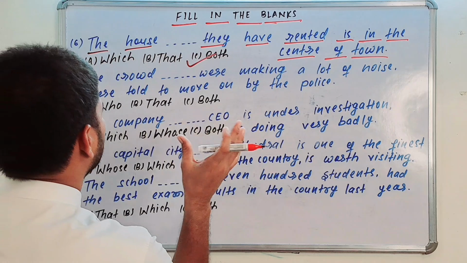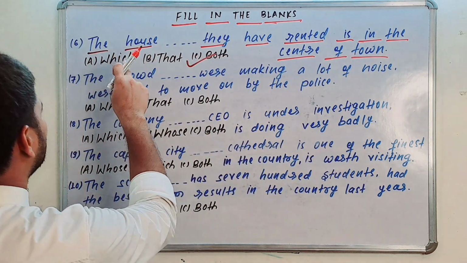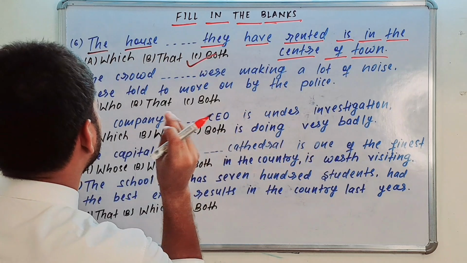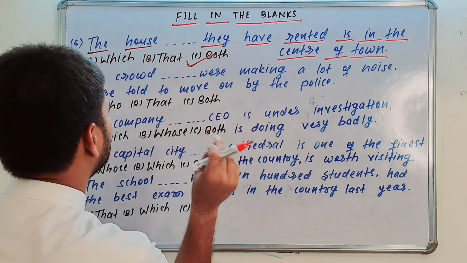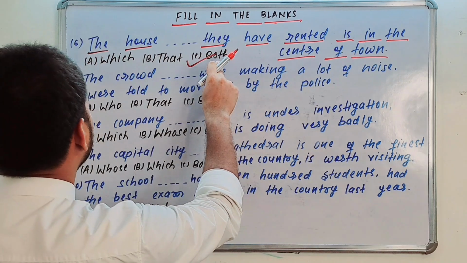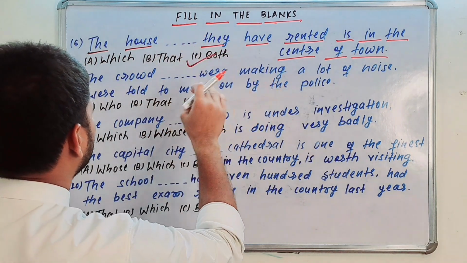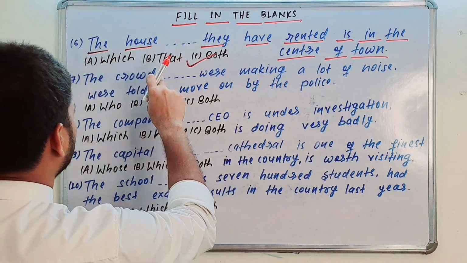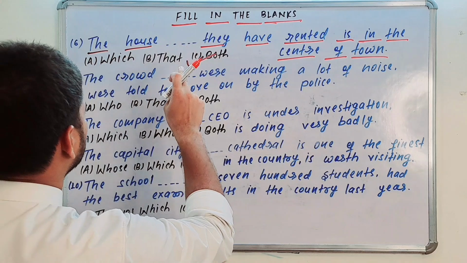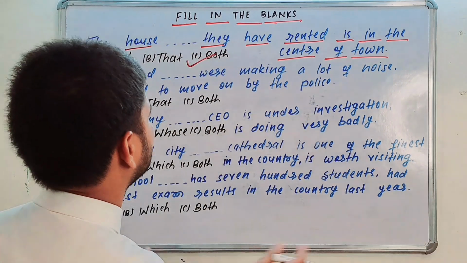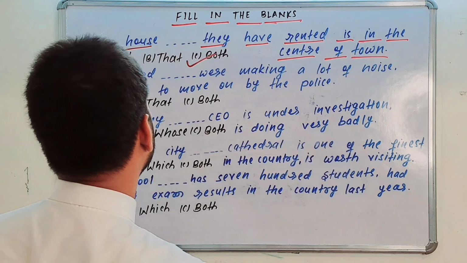The relative pronoun which is used for things, and the relative pronoun that is also used for things. So that's why either which or that can be put here to fill in the blank. So option C is the right option for question 6. The house which they have rented is in the center of town, and the house that they have rented is in the center of town.